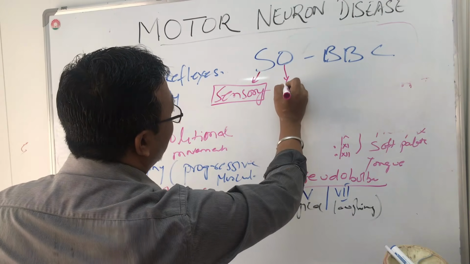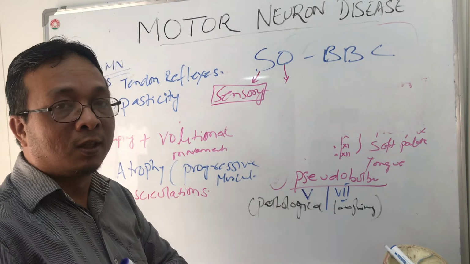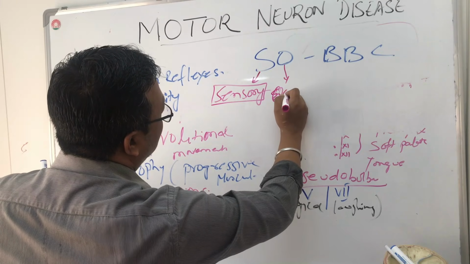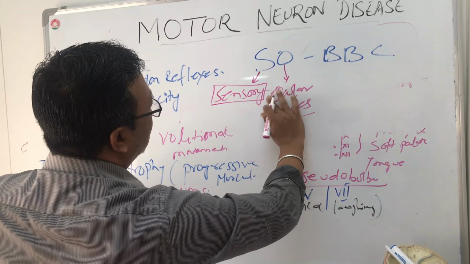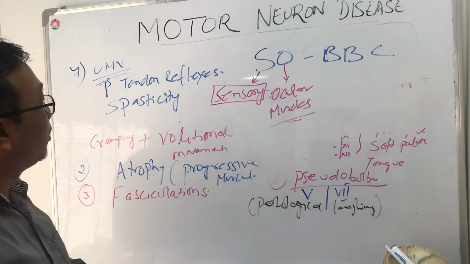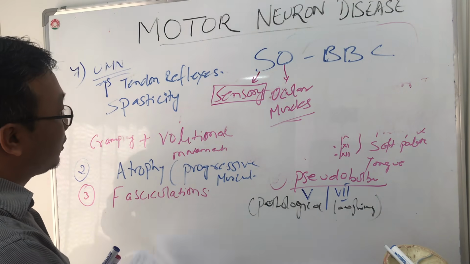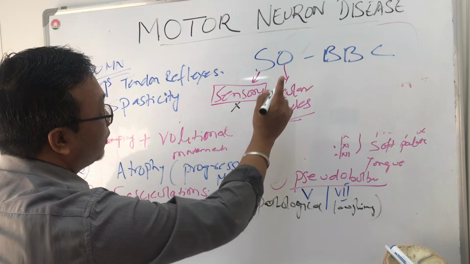Number 2, extraocular muscles, like the 3rd, 4th, 6th cranial nerves. Extraocular muscles are not involved.